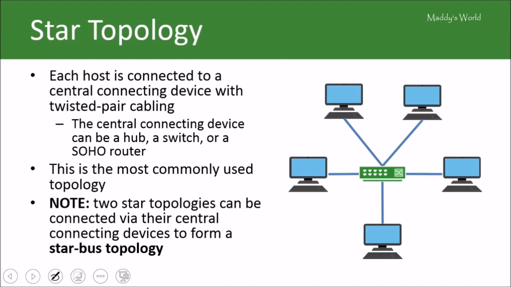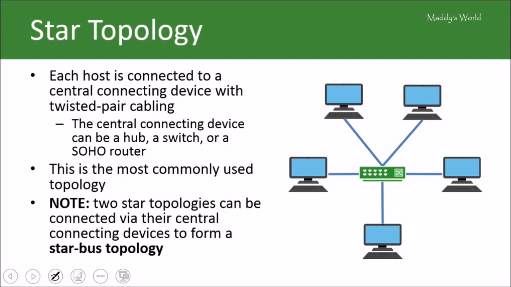Next, we also have a star topology. It's an advancement over the bus. Each host is connected to a central connecting device, like a hub or a switch or a home router, right? A SOHO router. It stands for small office, home office. And this is the most commonly used topology that you're going to find in an office setting, a school setting, or even at home.